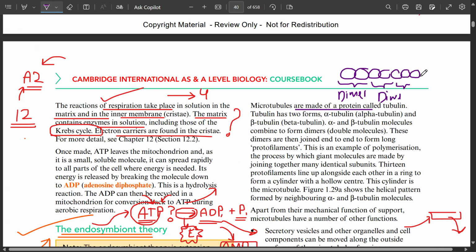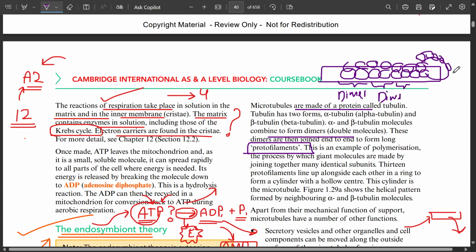A lot of these dimers, when they meet together, form long chains. We call them protofilaments. And when a lot of these protofilaments join together, they make a hollow tube. This hollow tube is basically known as the microtubule. Got it?